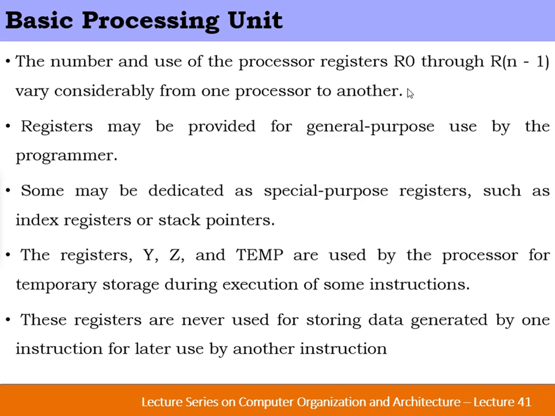Some may be dedicated as special purpose registers, for example index register, stack pointer, program counter. They are dedicated for certain functions, so they can't be used for general purpose operations.